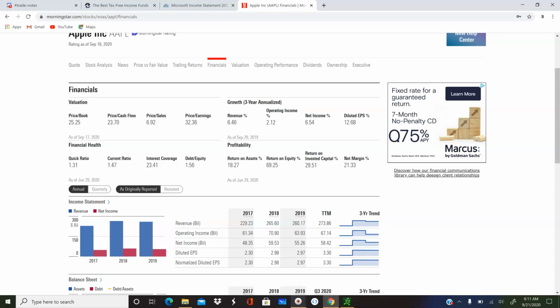And so that gives you an idea of whether this company is financed mostly by debt or by equity.